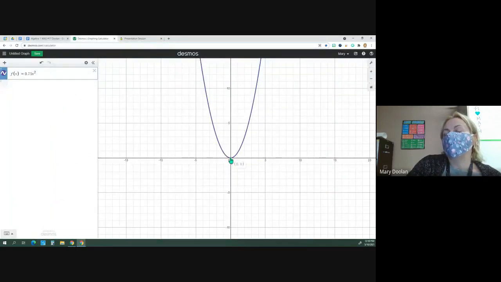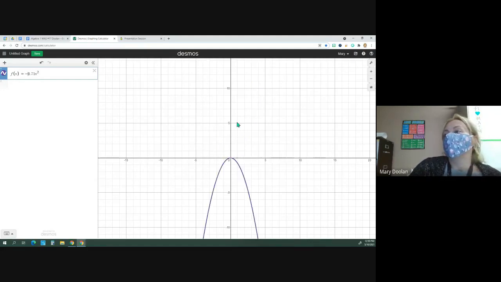Right here, this is an example where the minimum value is 0, because if I'm looking at the y-axis, the smallest value is here at 0, 0. It's a minimum. If this was flipped upside down, then 0, 0, this is the maximum value. So if I want the minimum value, I'm looking for a parabola that is flipped upside down.